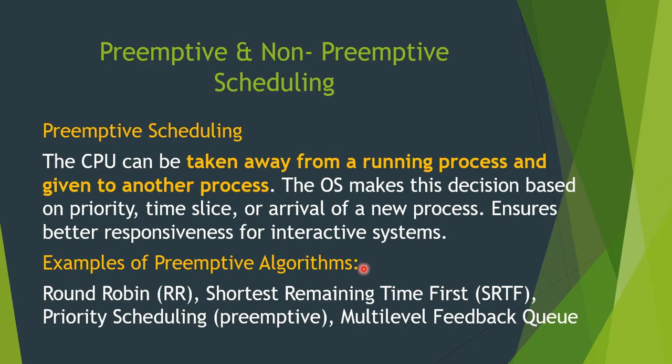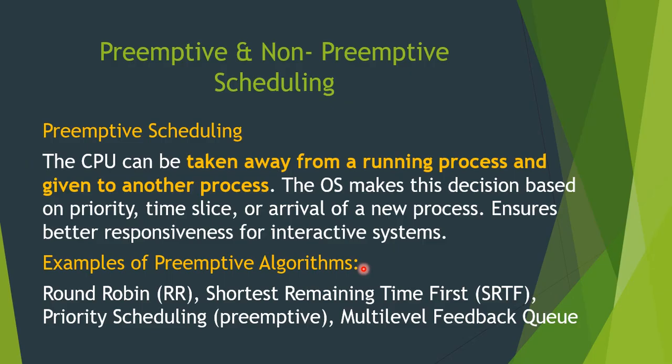Okay, so basically, to remind ourselves, in the previous lecture we had covered preemptive and non-preemptive scheduling. Preemptive scheduling simply means the CPU can be taken away from a running process and given to another. It means, suppose there is a process that has higher priority than the one which is running.